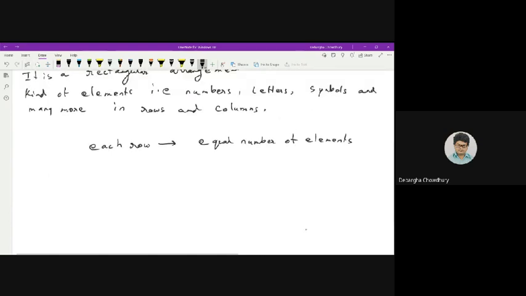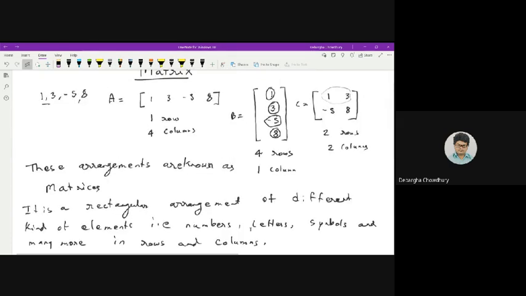Similarly, in each column there should be an equal number of elements as well. In the first matrix there are four columns, and in each column there is only one element, so that's equal.